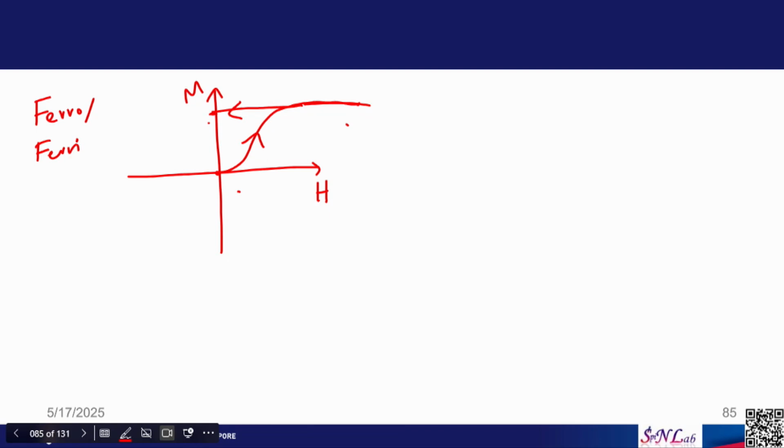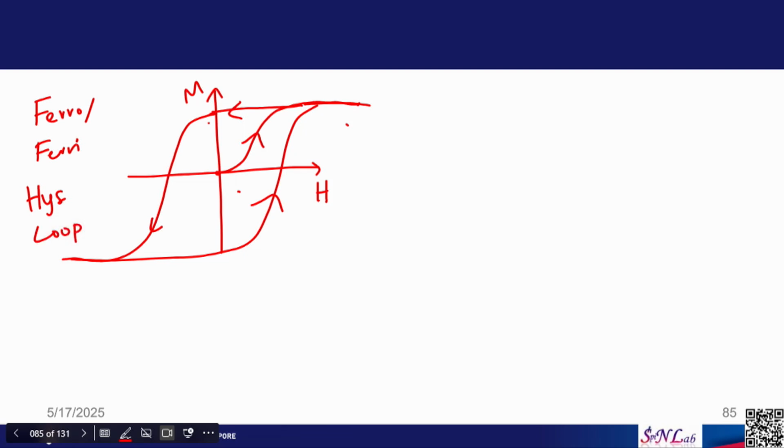Then if you reduce the magnetic field, change the direction, increase the magnitude, it follows a different path. If you do this again, it follows another path. So this property is called the hysteresis loop, and we learned a few concepts like saturation magnetization, remnant magnetization, coercivity, and saturation field and so on.